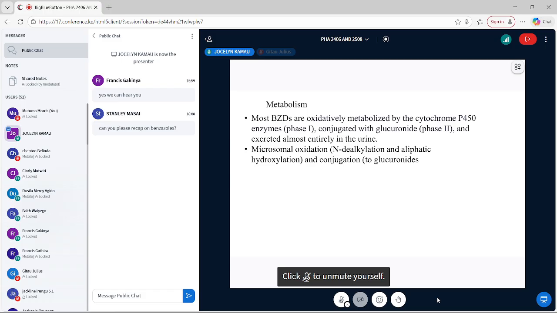That we discussed for diazepam. Then we had alprazolam. What are we saying? In fact, we do have long duration, intermediate, and short duration.